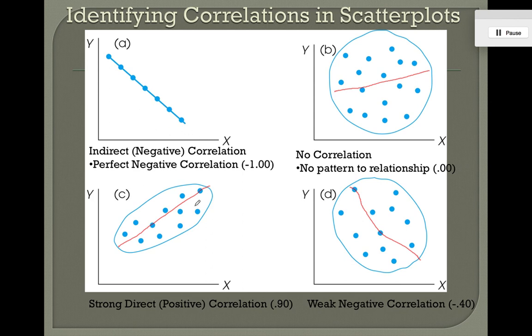Now, the more that our scores deviate from this best fitting line that we've created, we're going to find that our correlation coefficient is going to become weaker and weaker. So in other words, it's going to get farther and farther away from a 1 and start approaching more towards the 0 value.